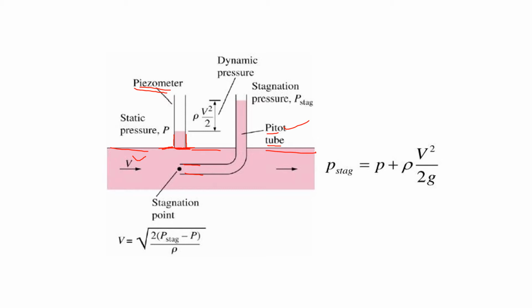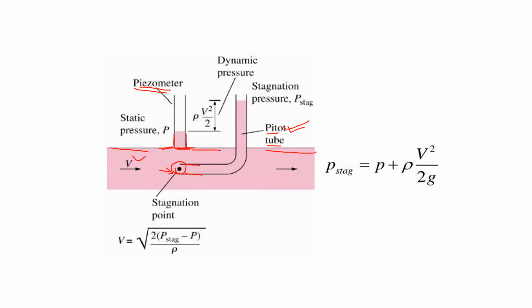Whereas the pitot tube is inserted deep into the duct. If you look at the sketch, it is inserted deep into the duct. So when the fluid comes with some velocity, its kinetic energy will become 0 at the entrance, because some fluid is already present in this tube.